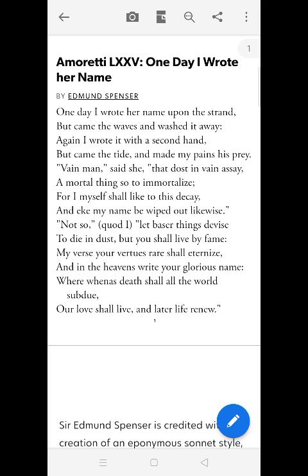If we talk about paradox in this poem, the paradox is found in this sonnet where he says "mortal things so to immortalize." So here we can find that the paradox has been used by the poet.